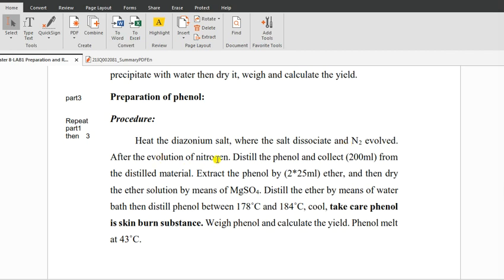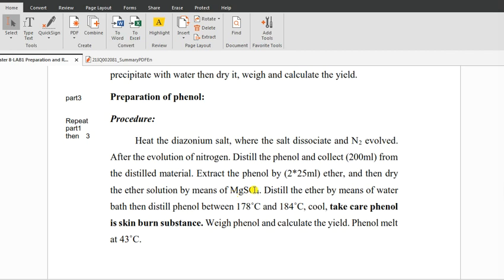After the evolution of nitrogen, you have to take this product as impure phenol and use distillation to get the pure distilled material. After distillation, extract the phenol by using ether, and then dry the ether solution with some grams of MgSO4.